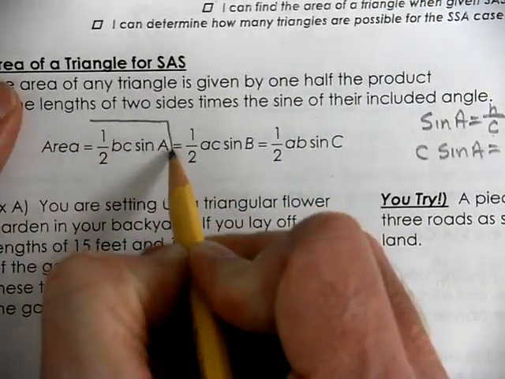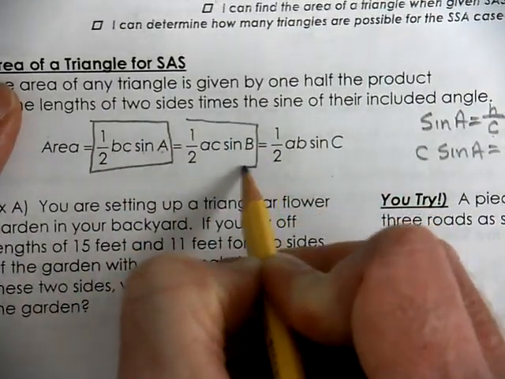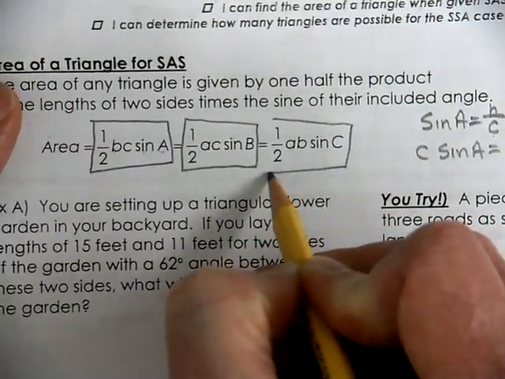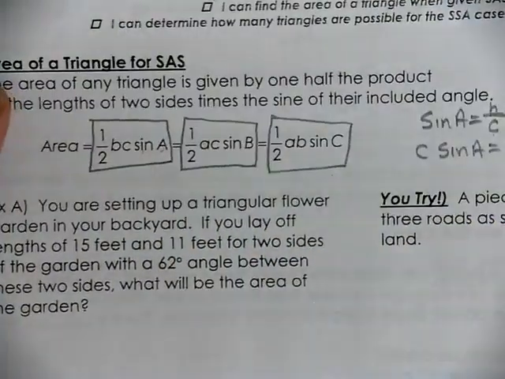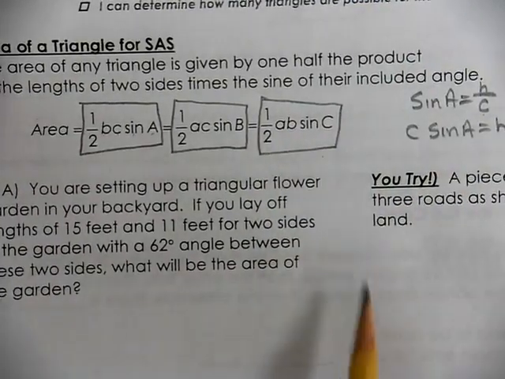I like to square off these three formulas because it gets a little confusing looking at them so tight together. These are three different formulas, and you choose any one of them that is going to work with the situation that you're given.